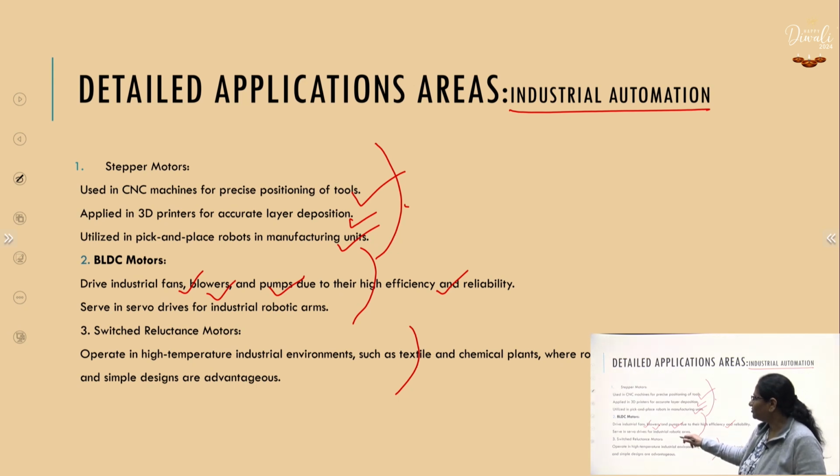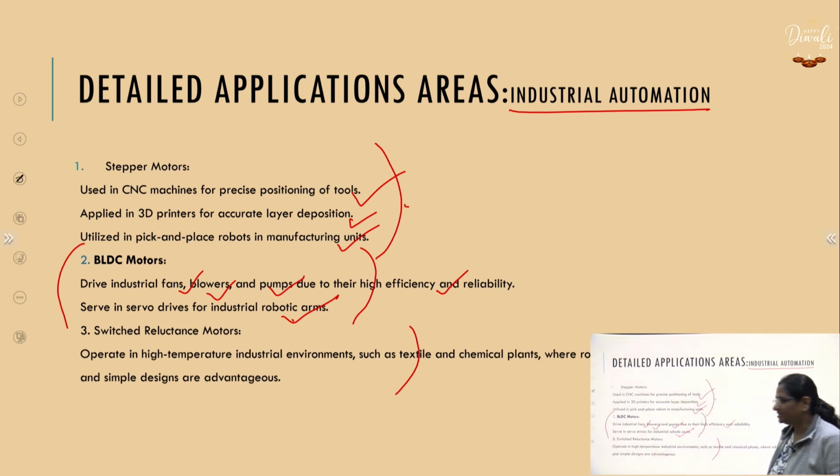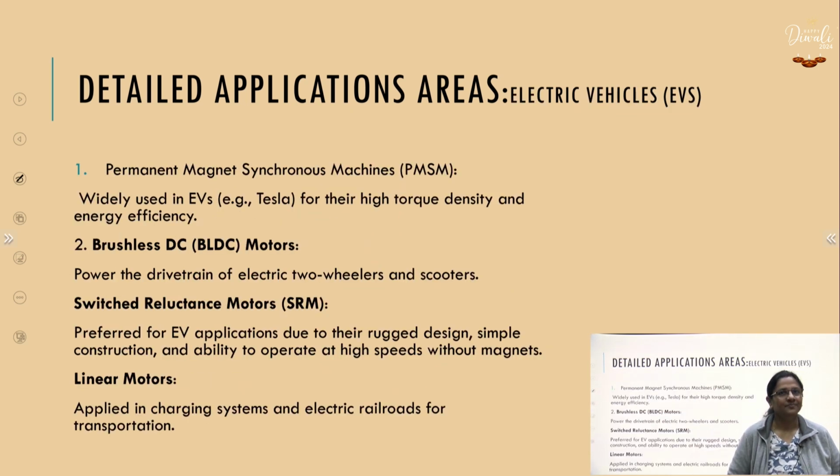They serve in servo drives for industrial robotic arms, etc. Then we are having switched reluctance motors. They operate in high temperature industrial environments such as textile and chemical plants, where robust and simple designs are advantageous.